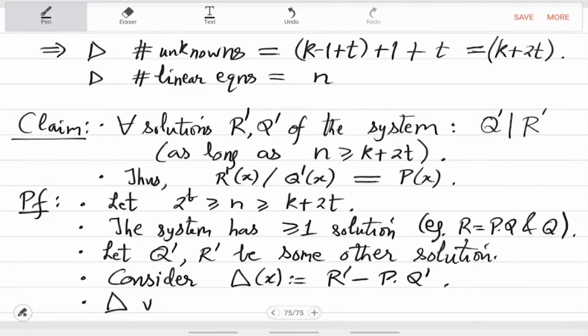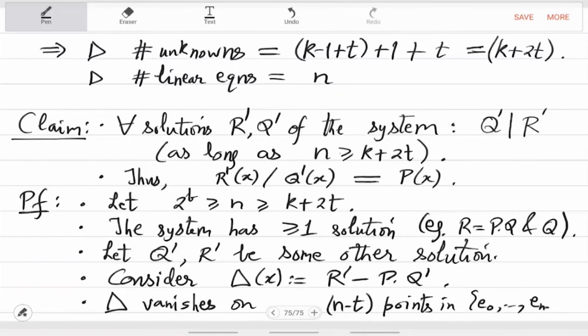So delta vanishes on n minus t points in E0 to E(n minus 1), basically the ones that are not in the error set.